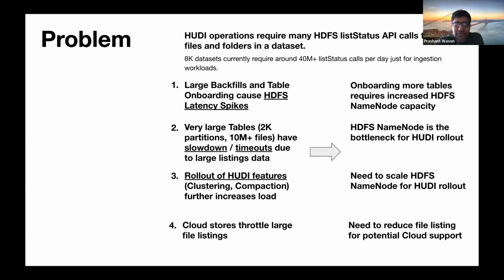When we roll out more and more Hudi features, like clustering and async compaction, all of these again require more list status calls. So to scale Hudi at Uber, we have to look into reducing the total number of list status calls. Finally, the cloud stores also throttle list status calls, so even experimenting with cloud stores requires reducing them.